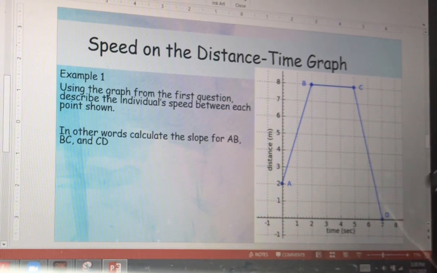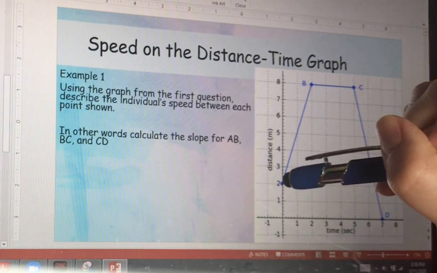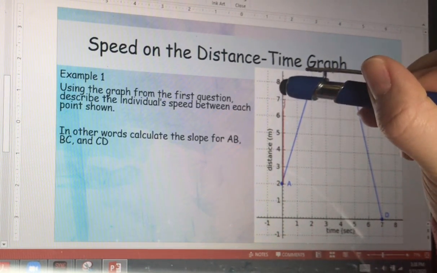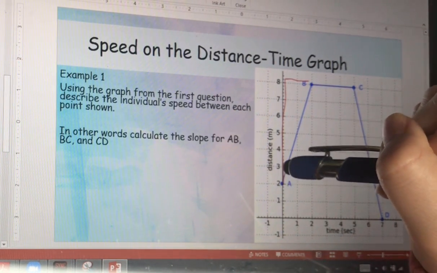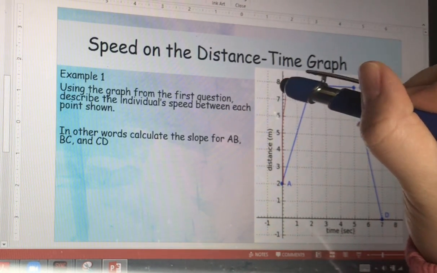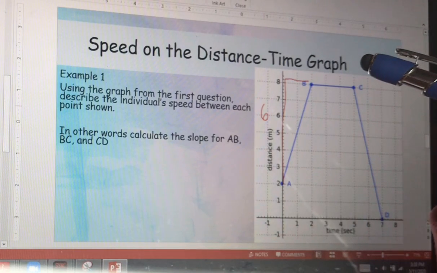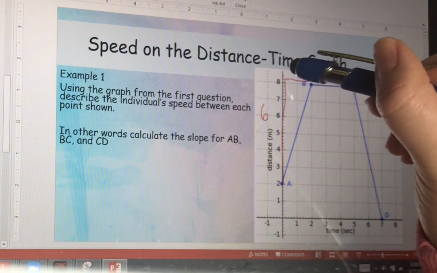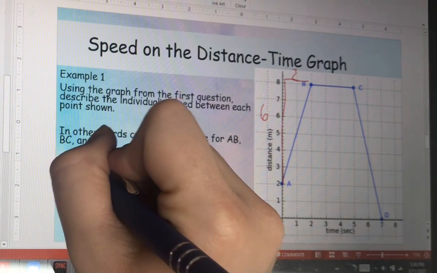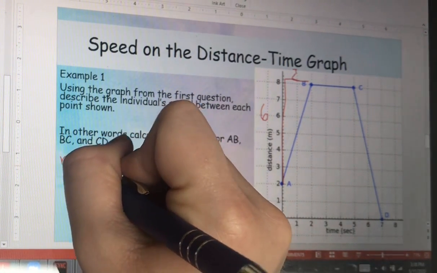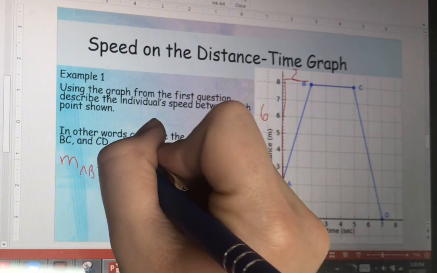So let's first start off by finding the slope or the speed from A to B. My rise here is 1, 2, 3, 4, 5, 6. And my run is 1, 2. So if I find the slope from A to B, that's the same as speed.